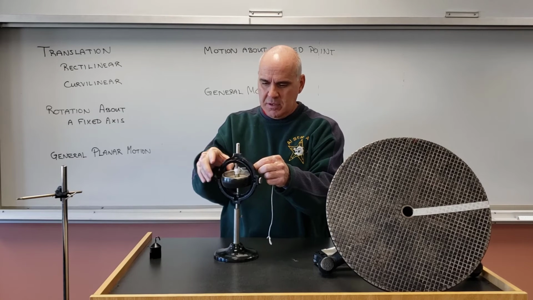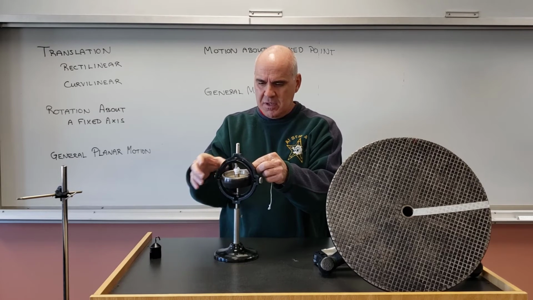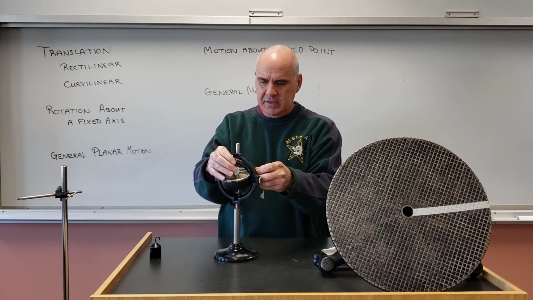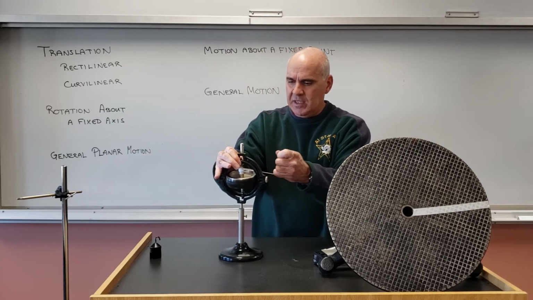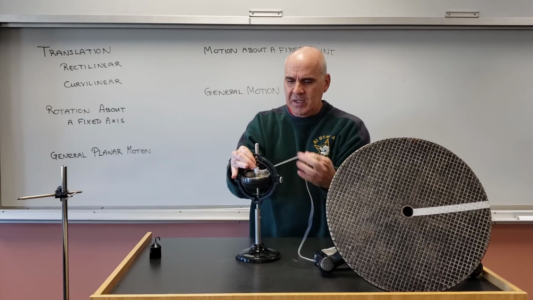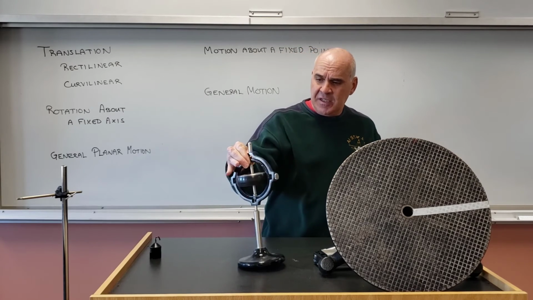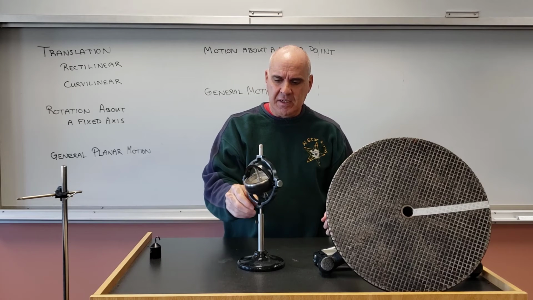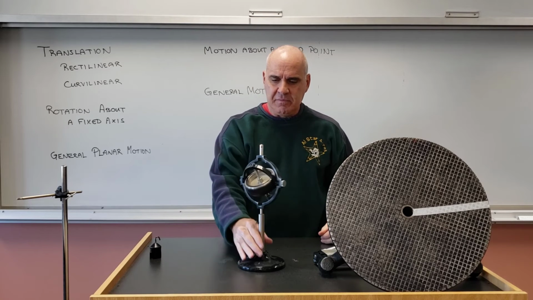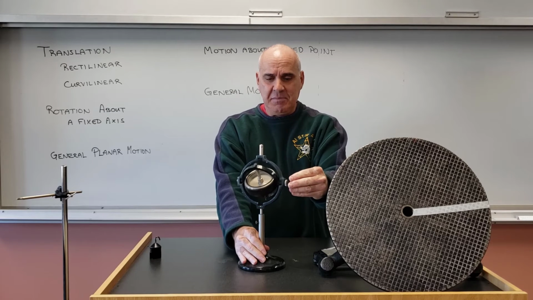All right, let's take a look. So I'm going to pull the string and get this thing rotating. Okay, and then I'll give it a little bit of motion like that. I wish it wasn't shaking, but there it is.